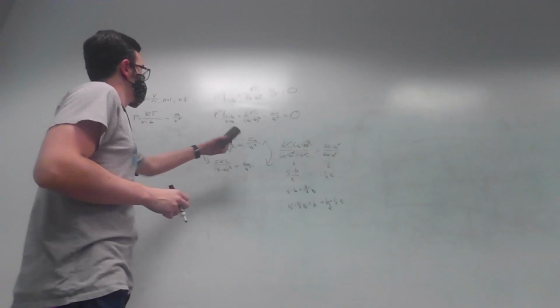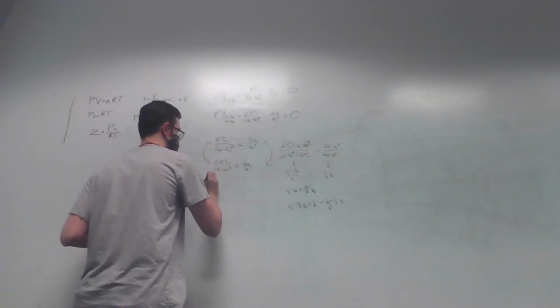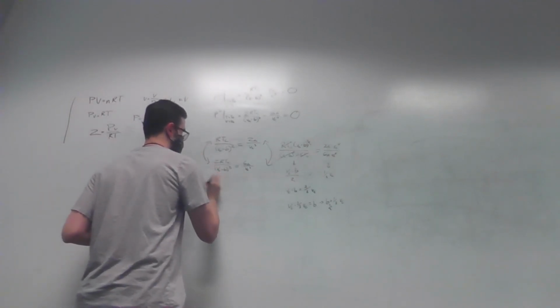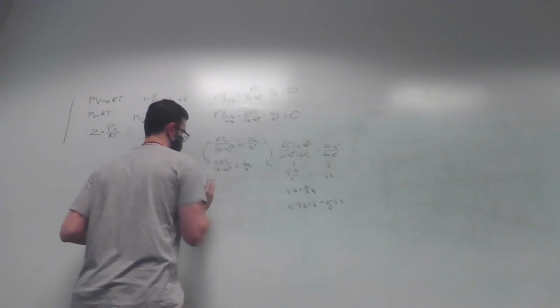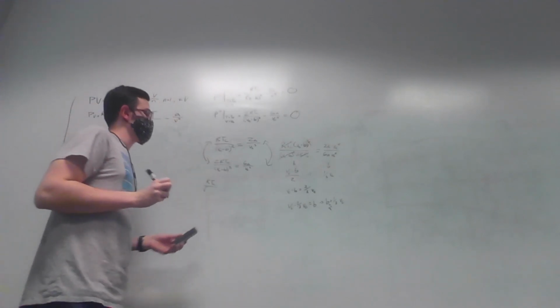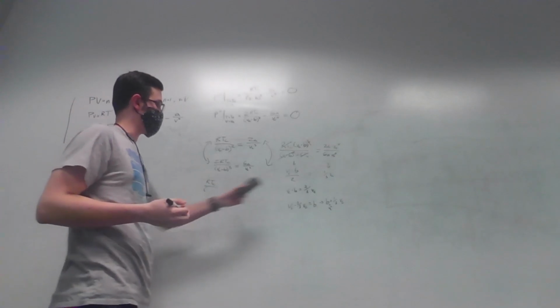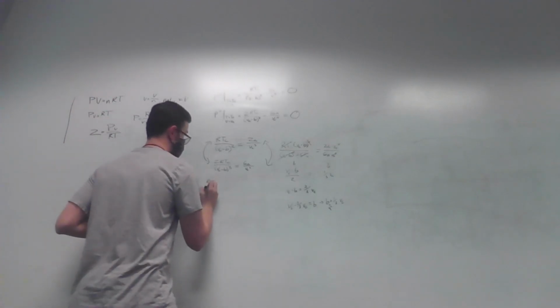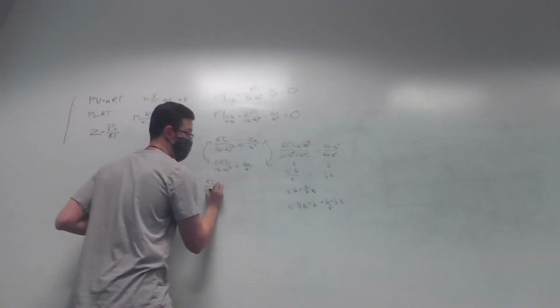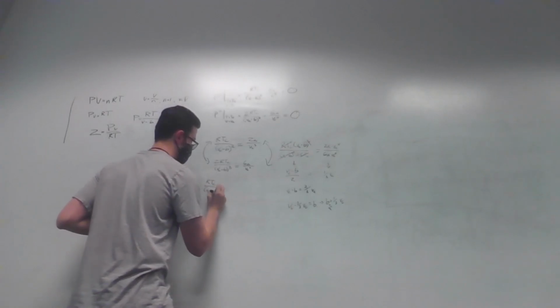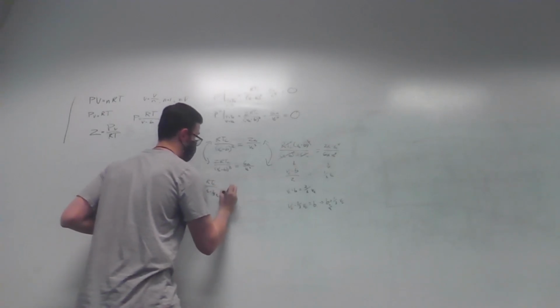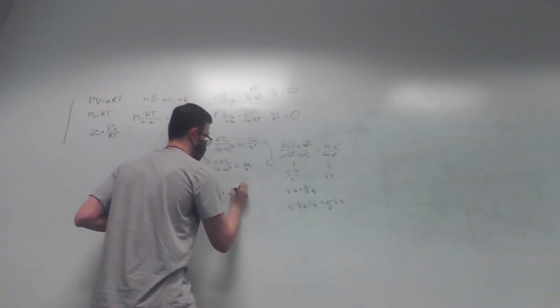Now, let's substitute back in, so R times critical temperature divided by critical volume minus B, so critical volume minus 1/3 critical volume squared equals 2A over critical volume cubed.